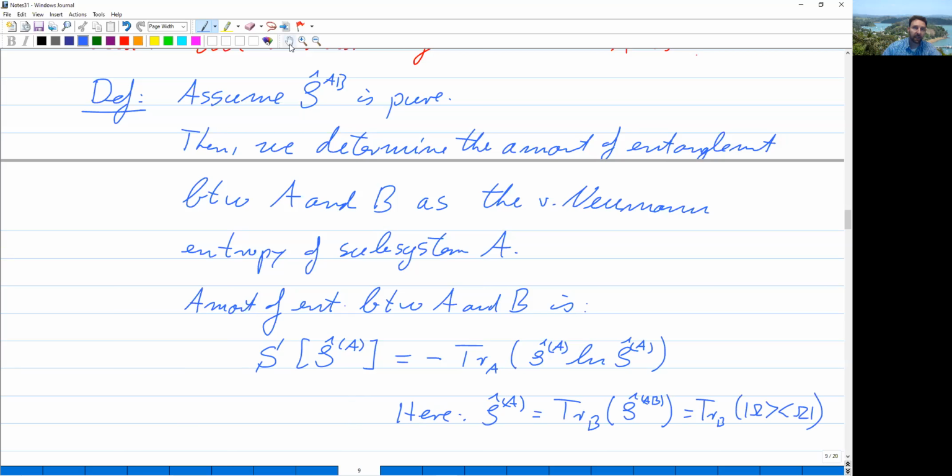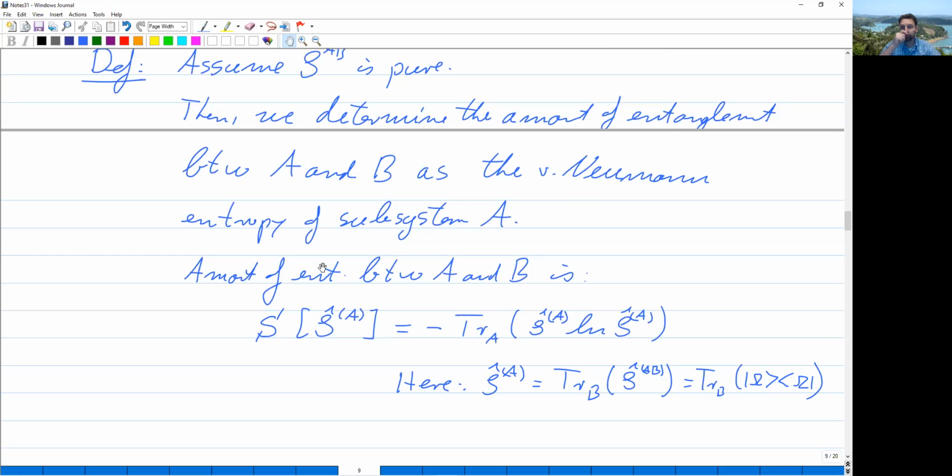So this is the most popular method, the most useful method for determining how much two subsystems A and B are entangled with each other. Namely, you take the pure state of the total system and trace it over B to obtain the density matrix of subsystem A. Then you plug that into this formula for the von Neumann entropy.